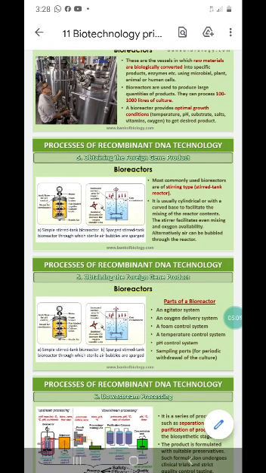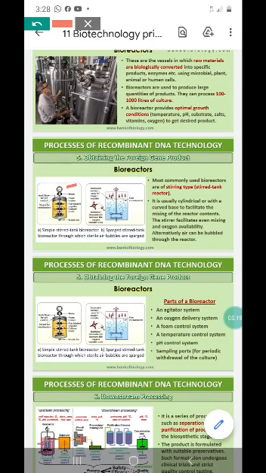Now, the most commonly used bioreactors, children, are of two types. The simple stirred tank bioreactor and the stirred and sparged type. The most commonly used is the stirred tank reactor.